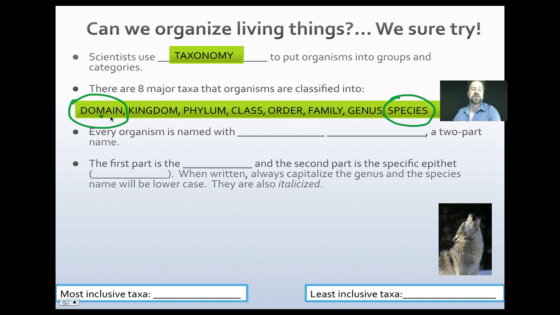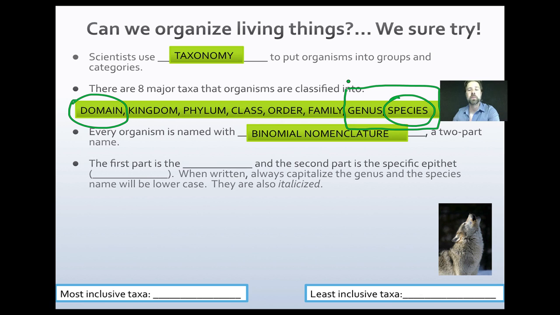So domains have tons and tons of organisms inside of them. Species only have 1. Every species we have, not only does it have labels that go in each one of these particular taxa, but if we're naming an organism, we tend to use just 2 parts of this. We use the genus and the species, which we call binomial nomenclature, a 2-part name.